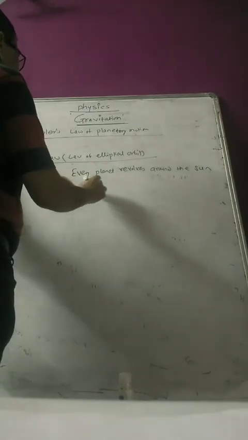In an elliptical orbit. Okay. All the planets, every planet which is revolving around the sun in elliptical orbit, with the sun at one focus of the ellipse.